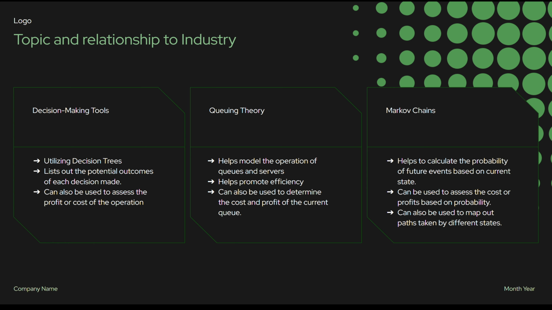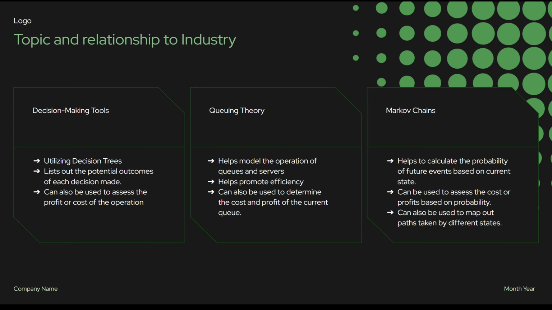Some of these we mentioned before, such as decision making tools, which, to be more specific, is utilizing decision trees, which are essentially branches that tell the probability of each outcome or decision, as well as the consequences or outcomes that each decision has. The list of these potential outcomes helps to also tell if using this method or option is the best one or the worst one, and it can also tell, depending on what the probabilities say, how likely it is of being successful or failing.